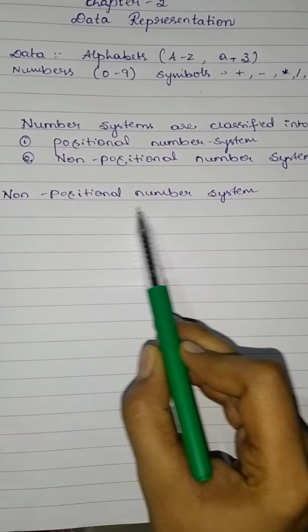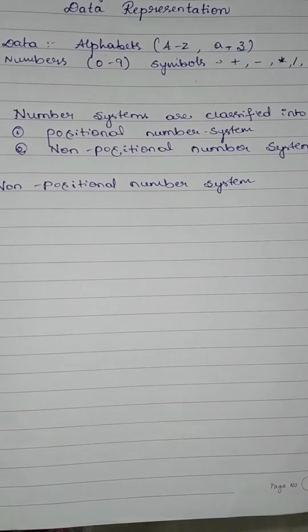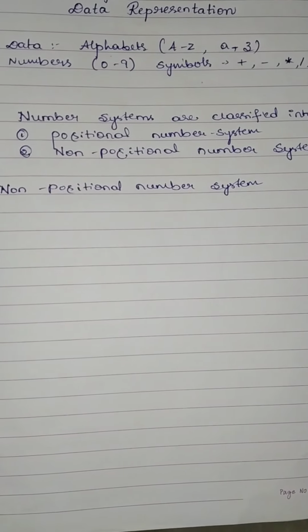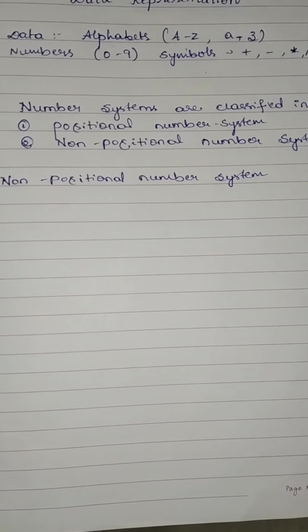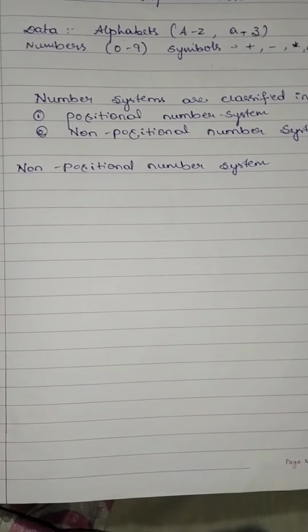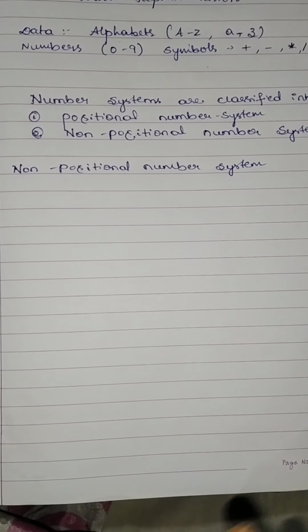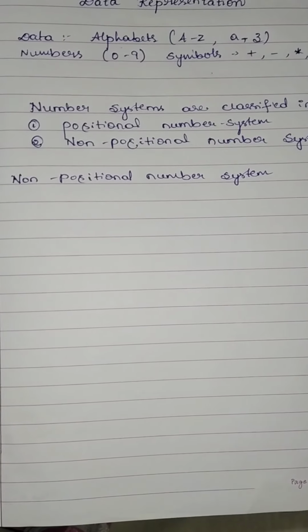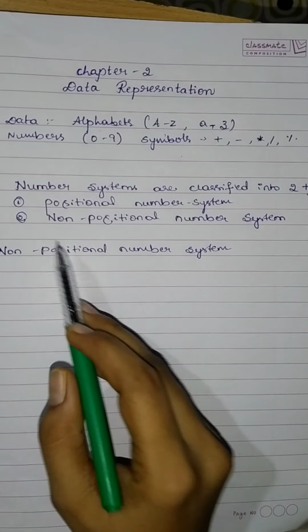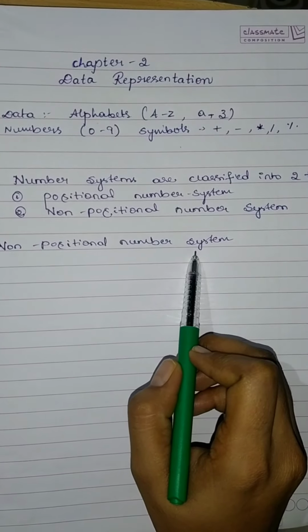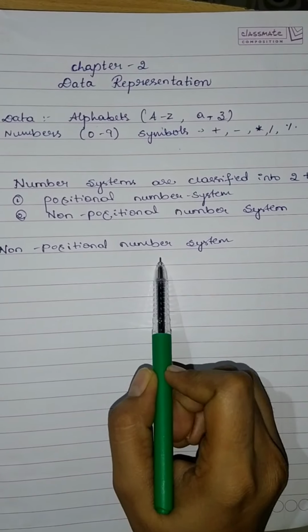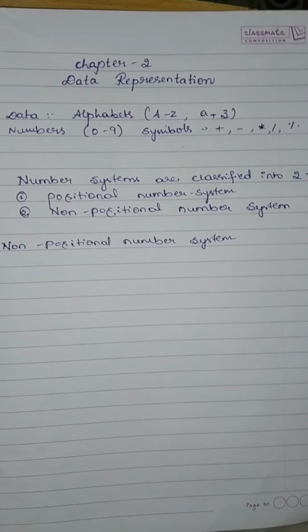When counting started, human beings used their fingers to count. As the name indicates, non-positional means there is no position for the number values.